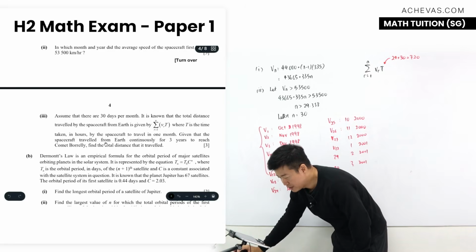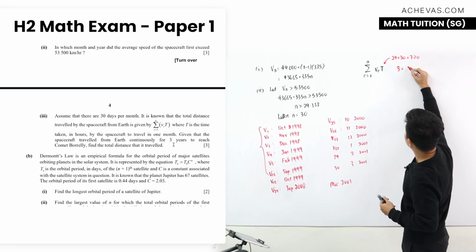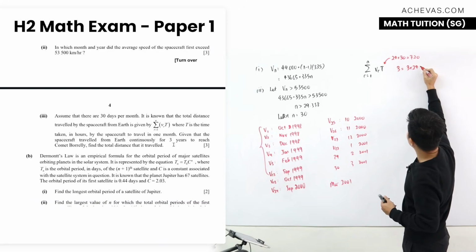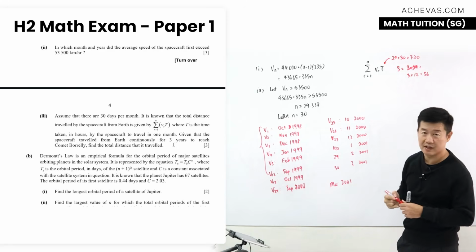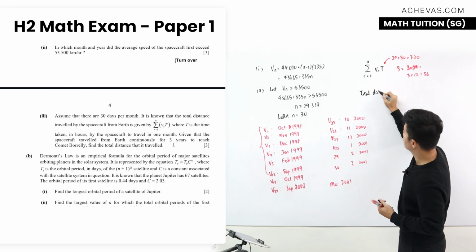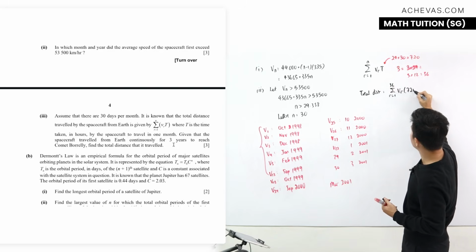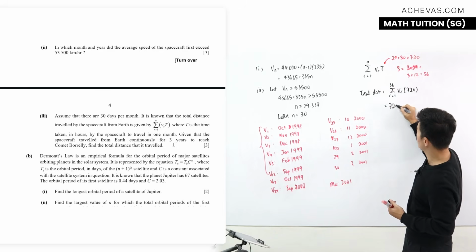Then we are supposed to be calculating the total distance that the spacecraft travels for 3 years. 3 years is going to be 3 multiplied by 12, which gives us 36 months. So for this question, the total distance is going to be equal to the sum from r equals 1 to 36 of V_r times 720.